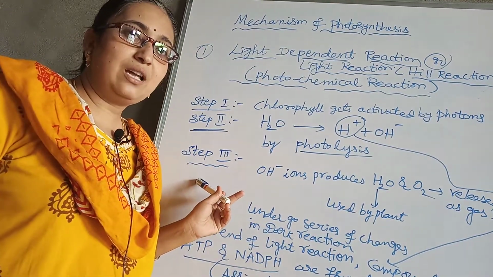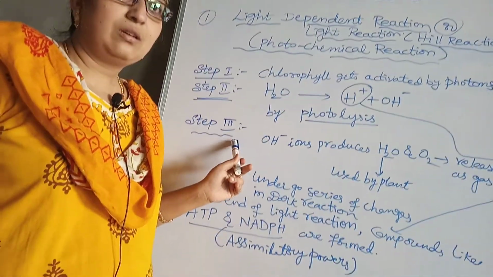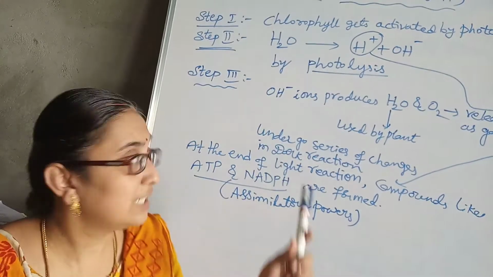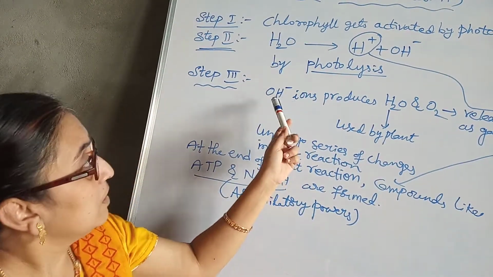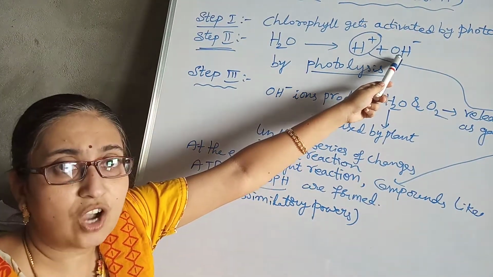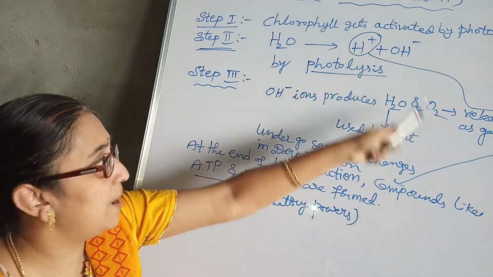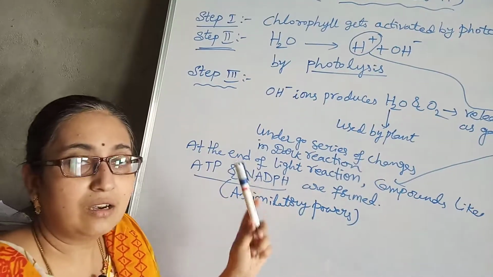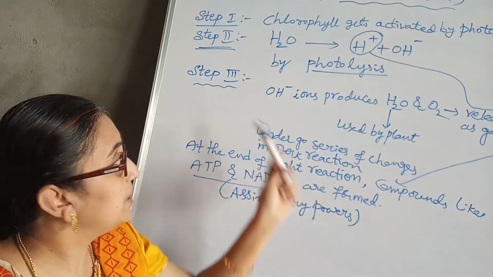The next one is the third step. The third step in the photochemical reaction is that the OH minus ions which are formed in the second step will undergo a series of changes, which I will explain later.